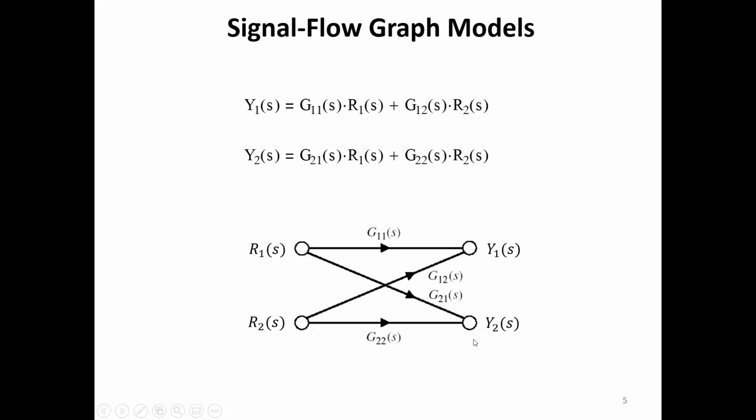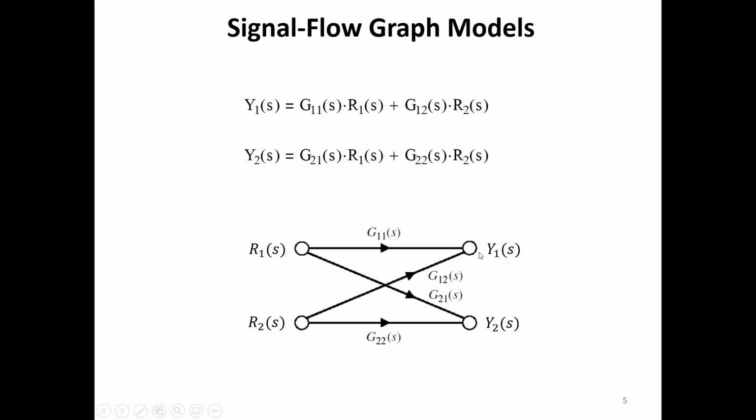So different models we have. In a signal flow graph, we have a different model. So here we have one model wherein I can say that the outputs y1 and y2 depend on the inputs R1 and R2. I repeat, outputs y1 and y2 are dependent on the inputs R1 and R2. You can see the graph here. So we have taken two equations and we have represented the two equations.